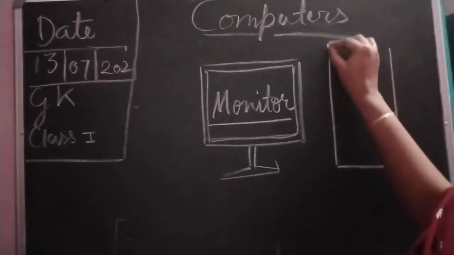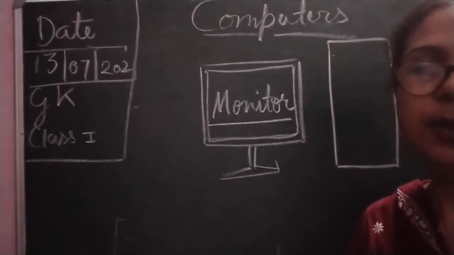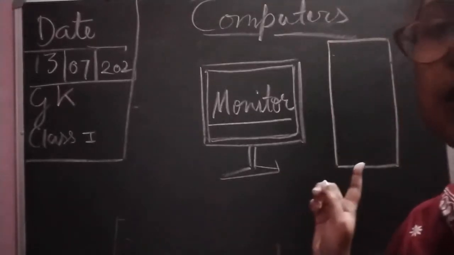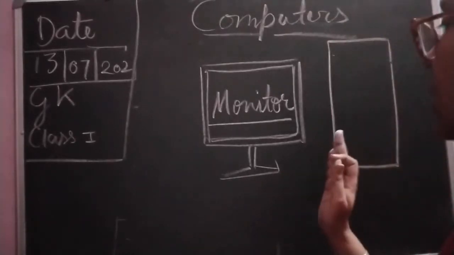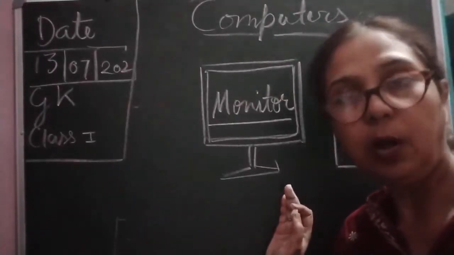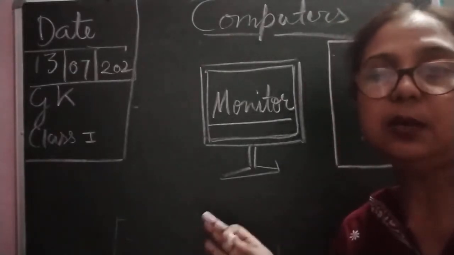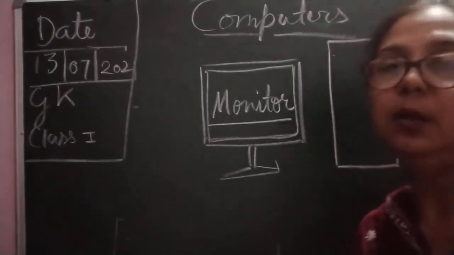So children, here you can see a rectangular box. You can see this rectangular box beside the desktop always, or it can be under the table.